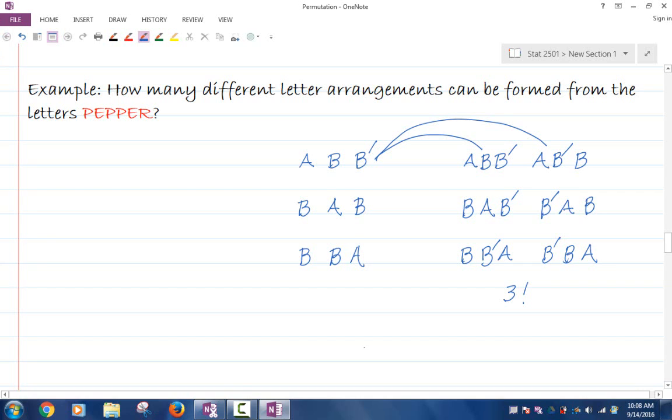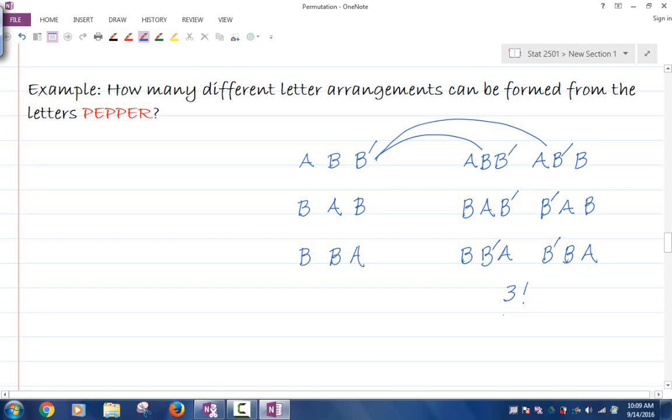If you pick one of the 3 permutations, there are 2 positions for the 2 B's, so I can permute them in 2, or 2 factorial, ways.